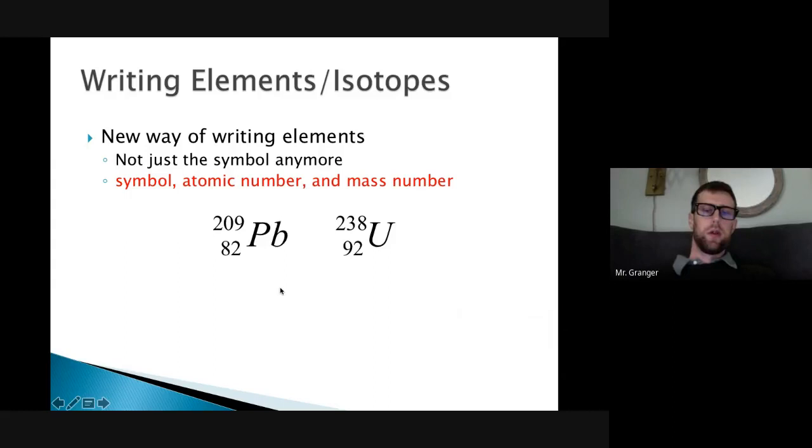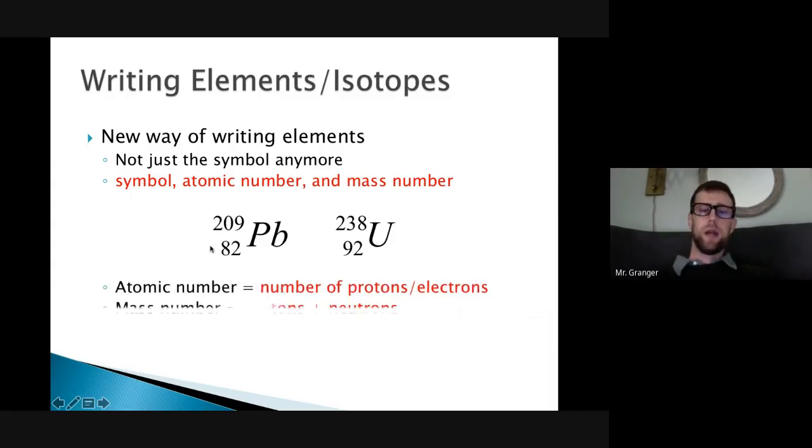So the number at the bottom is the atomic number, which is the number of protons, also the same as the number of electrons. And then your number at the top, the 209 and the 238, are the mass numbers of the atoms.